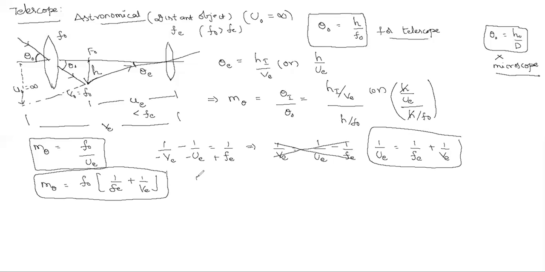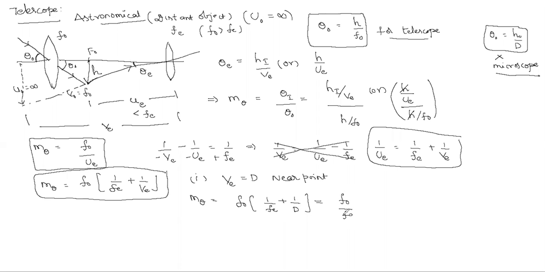Again, we have two conditions. One, the image is formed at the least distance of distinct vision, the near point. Then m theta equals FO into 1 by FE plus 1 by D, which we can write as FO into 1 plus FE by D, divided by FE.